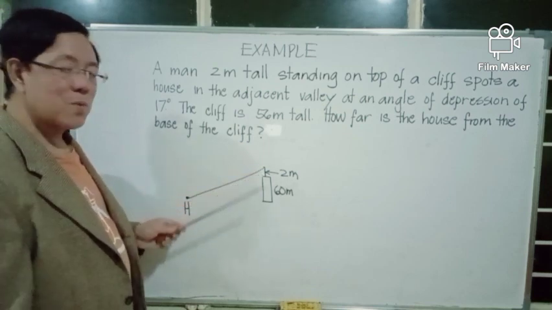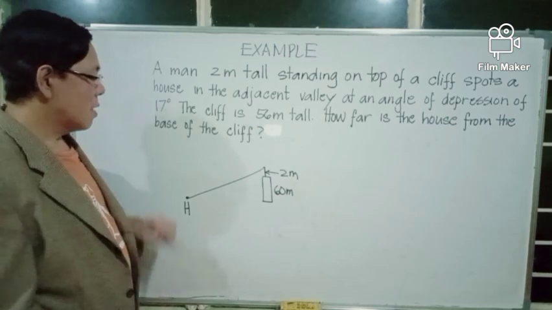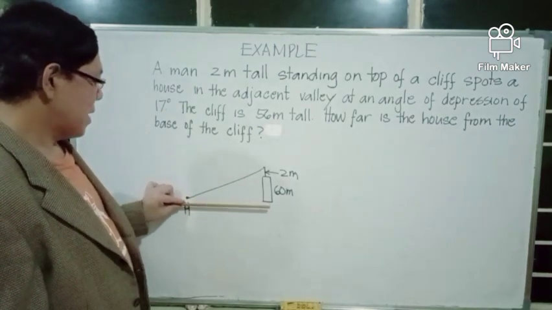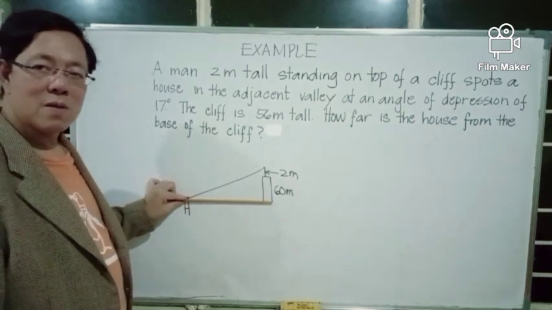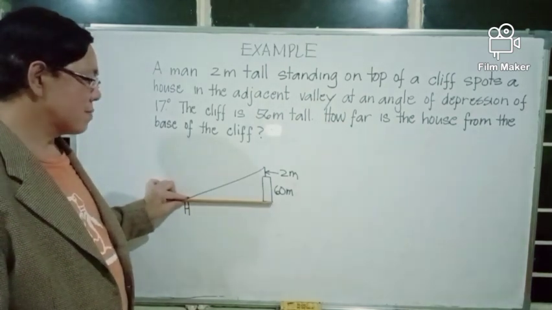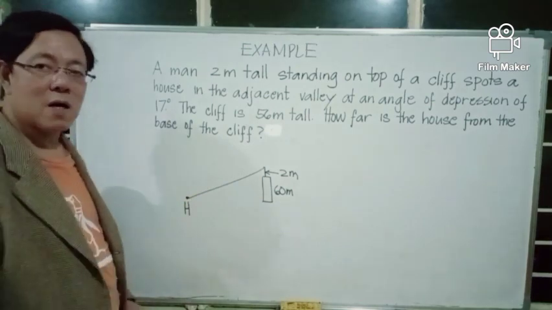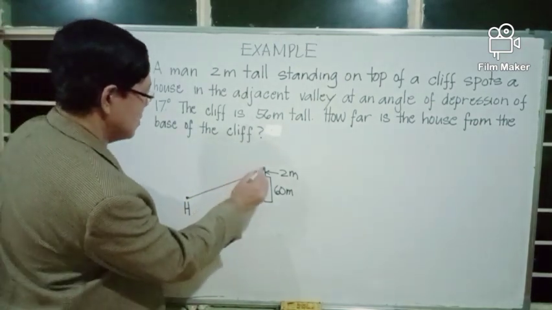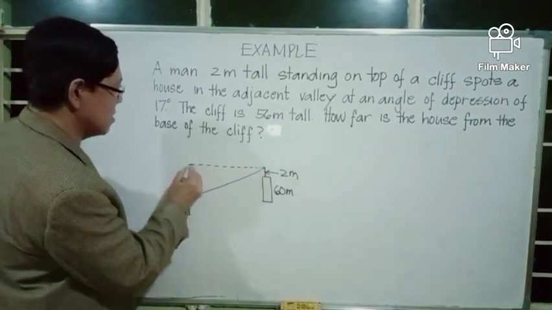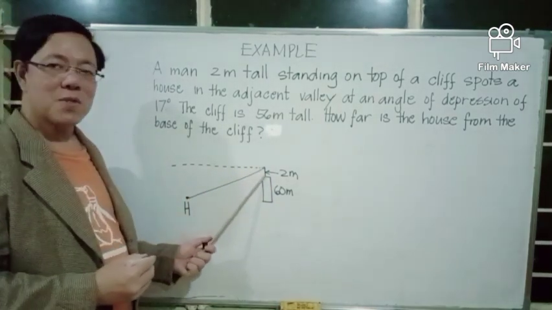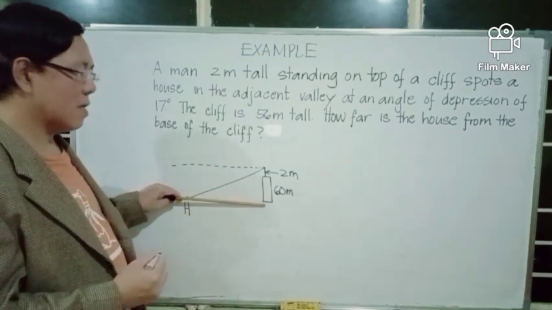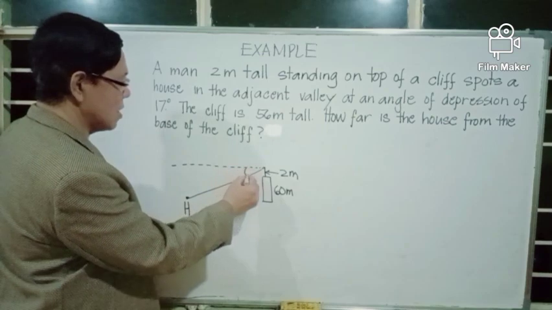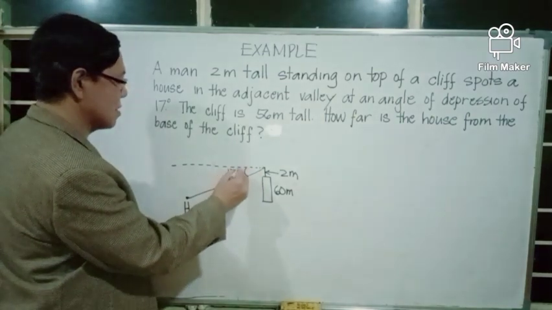From the eye of the man, we construct a horizontal line parallel with the level ground on which both the cliff and the house are. We draw this horizontal line from the eye of the observer, parallel with the level ground. And this angle is 17 degrees.